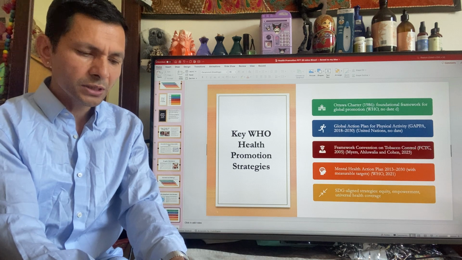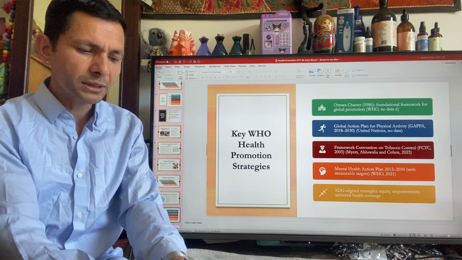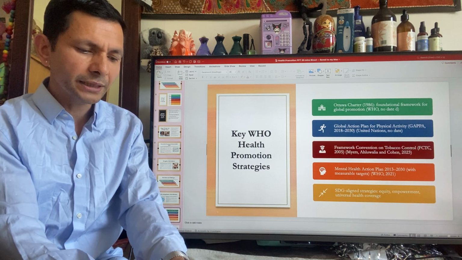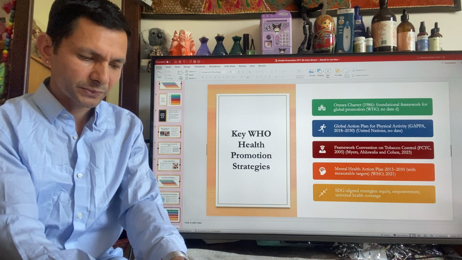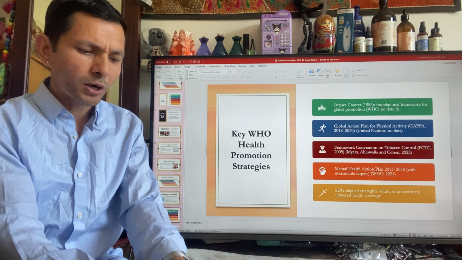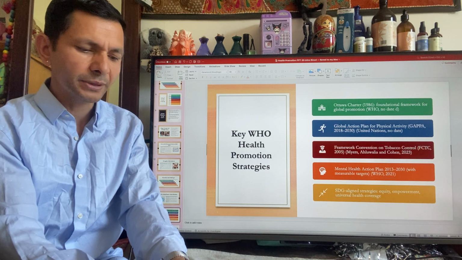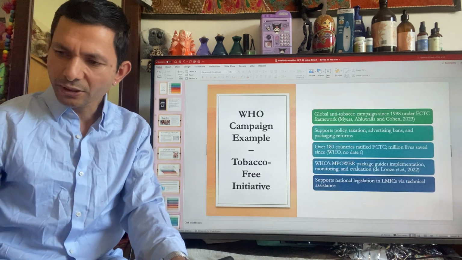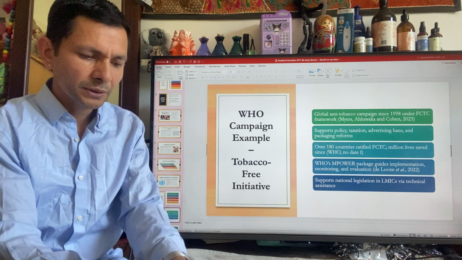WHO also runs the Mental Health Action Plan, which includes clear targets through to 2030. Across all of these strategies, WHO aligns its efforts with the Sustainable Development Goals, promoting equity, empowerment, and universal health coverage. And it shows in the figure as well.